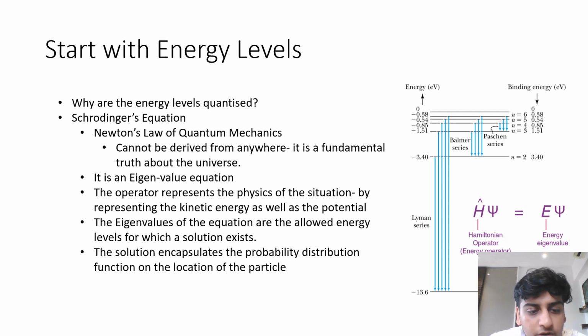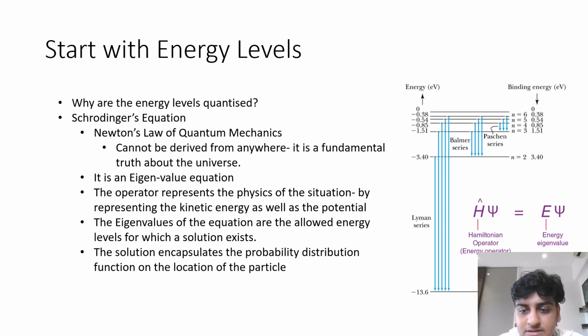But what I want you to note is that this is just like Newton's law: it cannot be derived from anywhere, and it is a fundamental truth about the universe. The equation I've shown on the right is Schrodinger's equation. The first fact about it is that it's an eigenvalue equation.